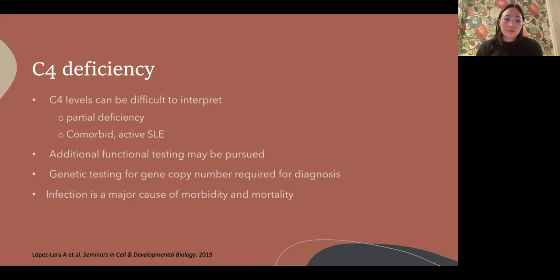So it's a bit difficult to know. So for this reason, there's additional functional testing that you might pursue, and ultimately in this deficiency, you have to do genetic testing to look for the gene copy number to diagnose these patients. And as with all these diseases, infection is a major cause of morbidity and mortality.